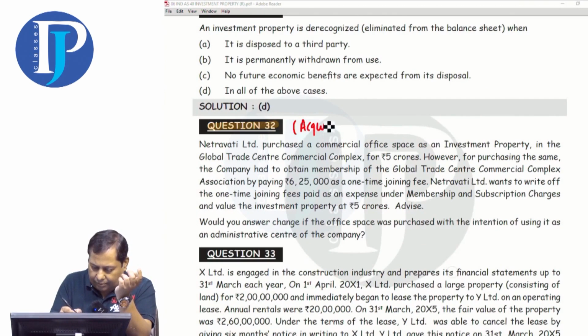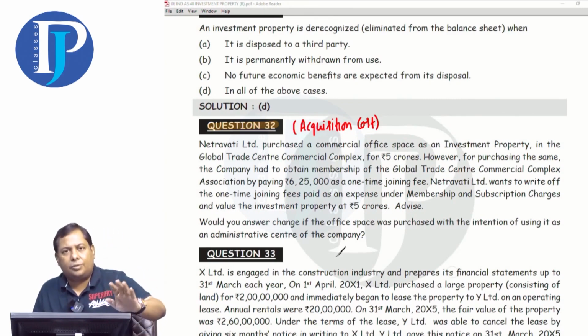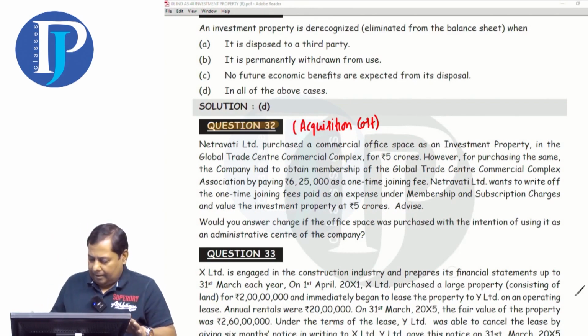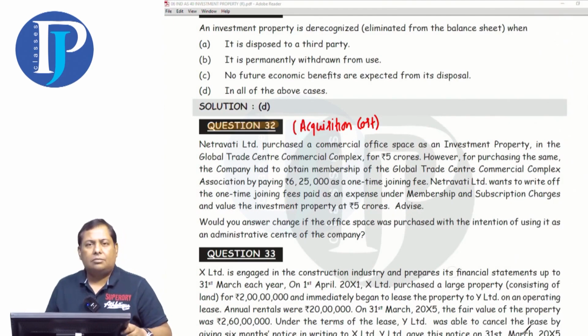This is acquisition on cost. Okay, I will cross-check each and every question with you. But first, let's summarize the important ones. Let me read question number 32. Absolutely simple question. It's a very simple question from Study Mat.